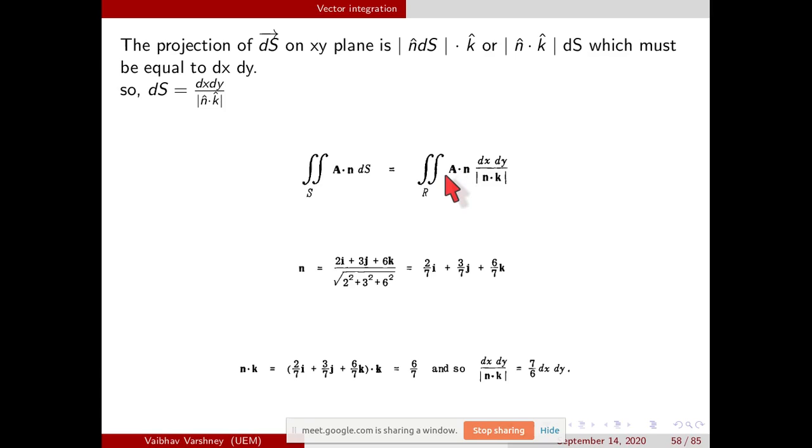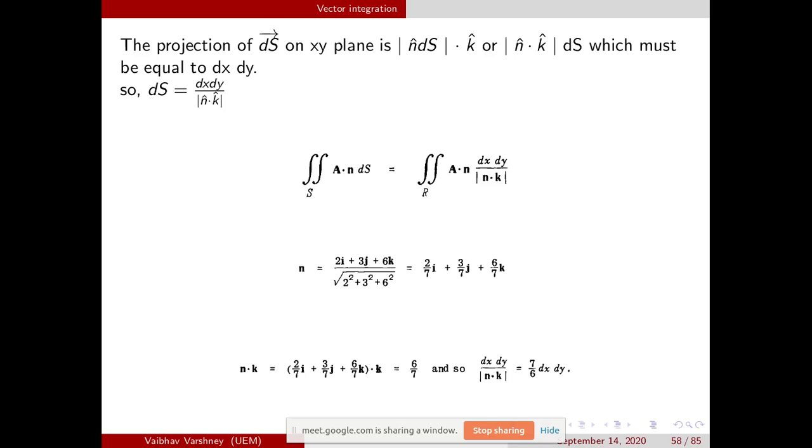Sir, can you repeat the ds equal to dx dy by n cap dot k cap? How is it coming? Okay, this point is clear that the projection. So if we are projecting ds on an xy plane, then that area element will be dx into dy.